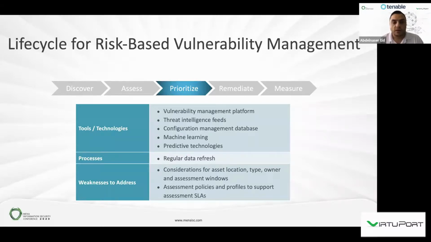This will associate the technical and the business values or outcomes together in order to come up with a clear and efficient action plan according to the priority of the vulnerability, or the risk associated with that vulnerability. Usually the prioritization doesn't rely on tools only.